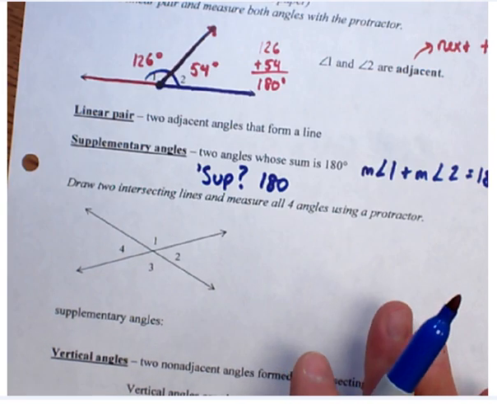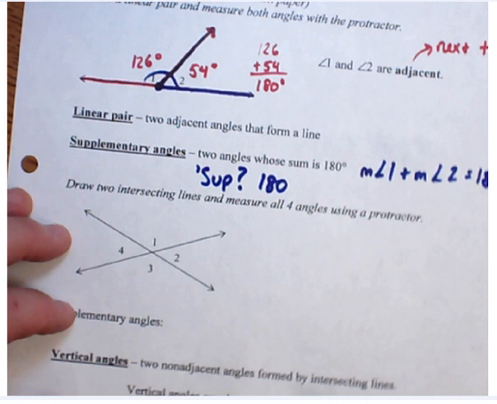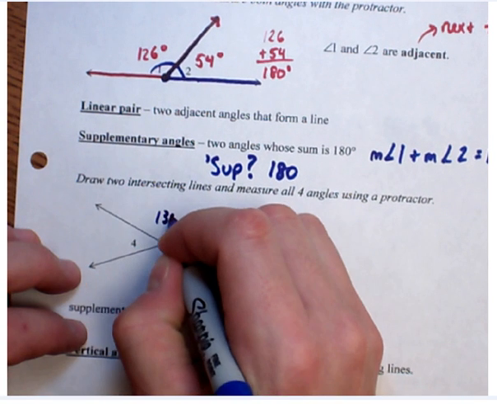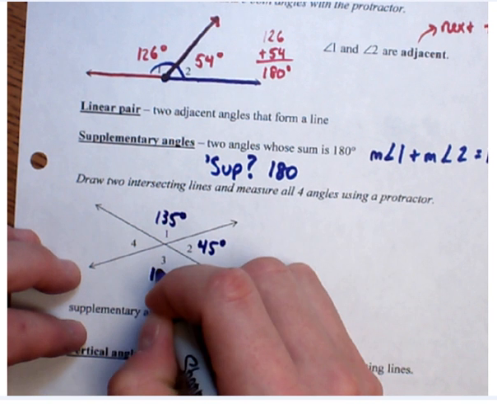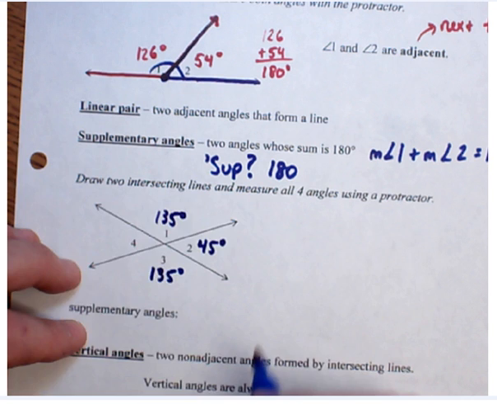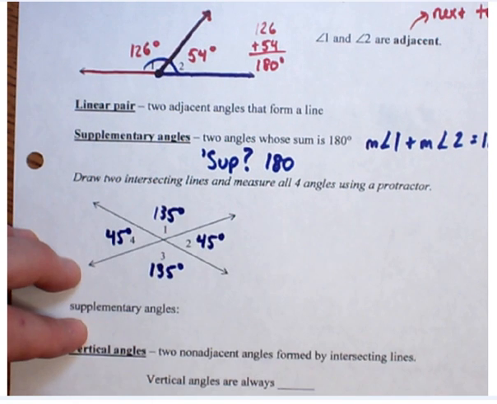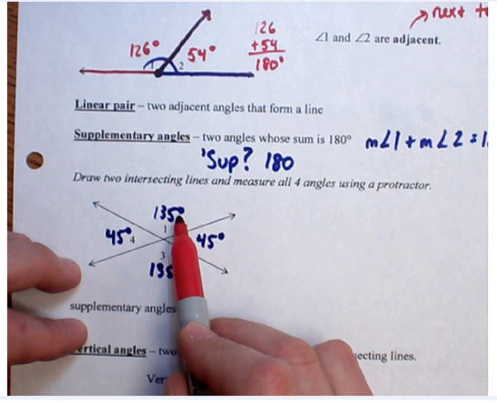Now, I'm not going to use the protractor on this, but what you're going to find when you measure this is that angle 1 is about 135 degrees, angle 2 is 45, angle 3 is 135 degrees, angle 4 is 45 degrees. Now you have all these relationships that add up to 180, 135 and 45.